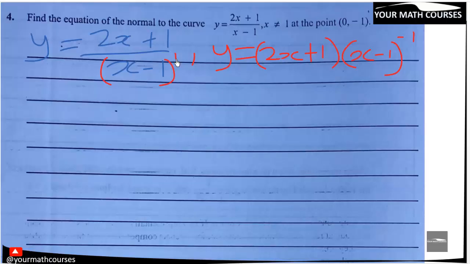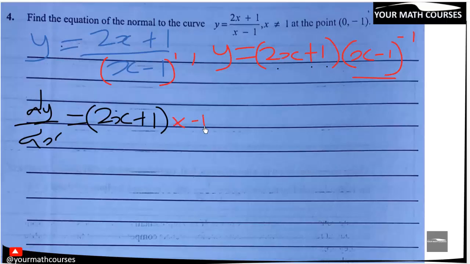So with the product rule, you cover and differentiate. So whatever you cover, you write it down. So I'm covering this x minus 1 exponent -1. So I write it down, 2x plus 1. And I'm going to differentiate this. So to differentiate this, I use the -1 to multiply. So times -1 times the whole thing, which is x minus 1.